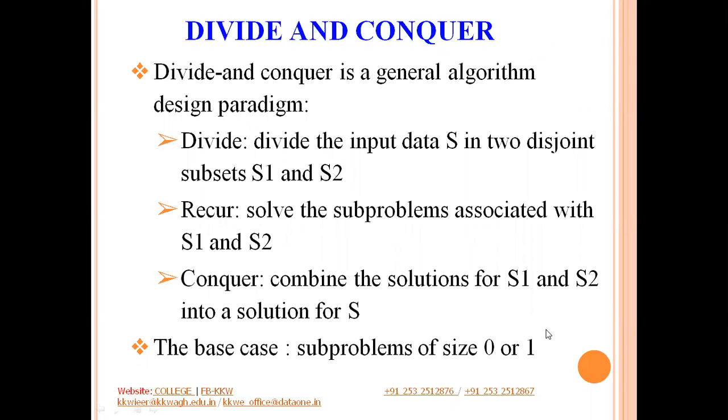That will be our base case. The base case appears when you can no longer divide the problem into further subproblems. Whenever the base case is reached, you stop the first phase, that is divide. Then you go to the next phase, solve the subproblems, and finally you combine the solutions.